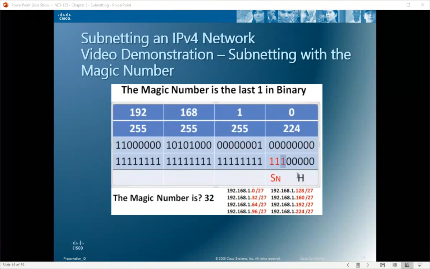There are 32 hosts apiece, so we'll just go ahead and start them at multiples of 32. The first subnet starts at 1.0. The next one starts at 1.32. The next one starts at 1.64, 96, 128, all the way up to 224, which is our maximum, 256, but we start at 0, minus 32. So that allows us to identify where all of our starting networks will begin.